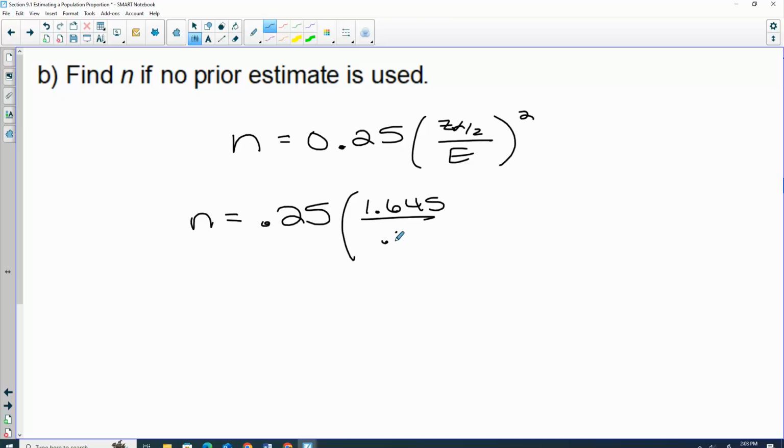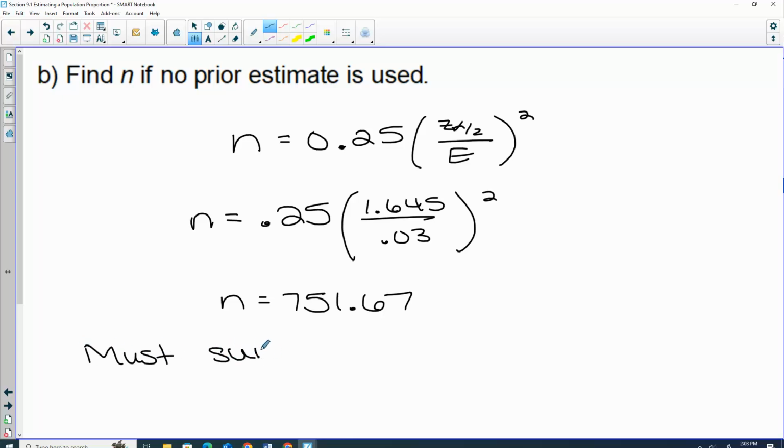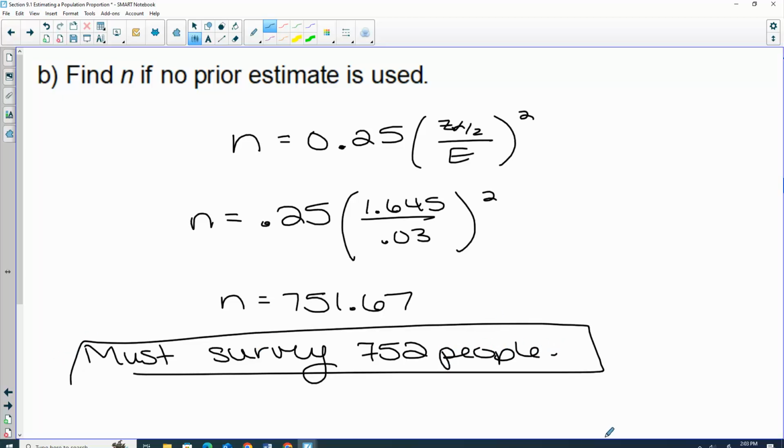My error is still the 0.03. We're just plugging into a different formula. And what happens to the number of people we have to survey? It goes much up. If you don't have any prior data, it is going to increase the amount of people you need.